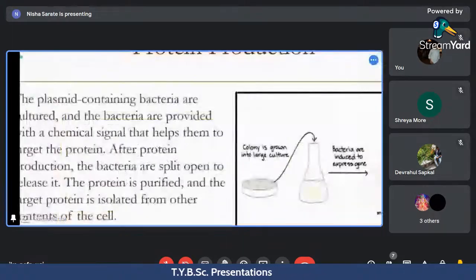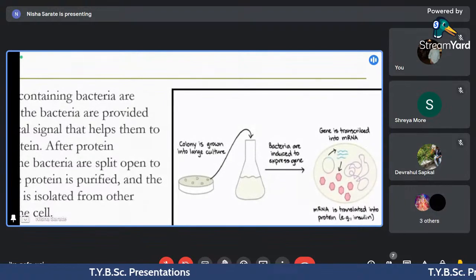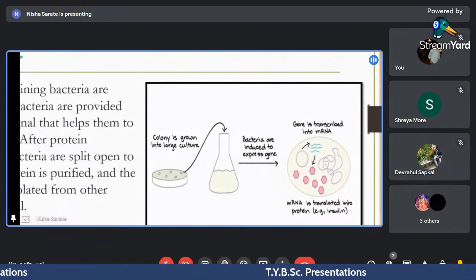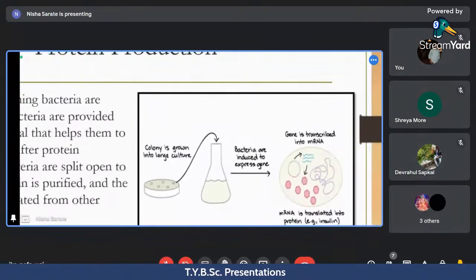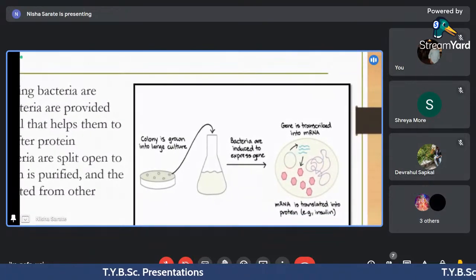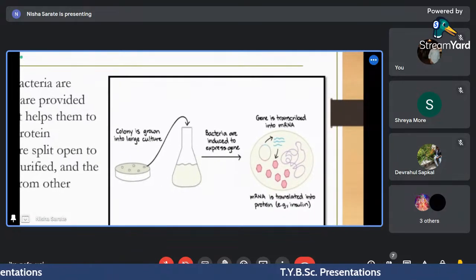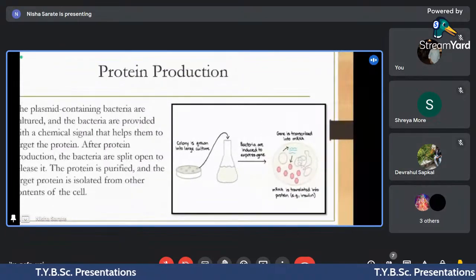So here the colony is grown in a large culture. Then the culture is mixed in the flask. Bacteria are induced to express the gene. So here the gene is transcribed into mRNA. mRNA is translated into protein. Example, insulin.